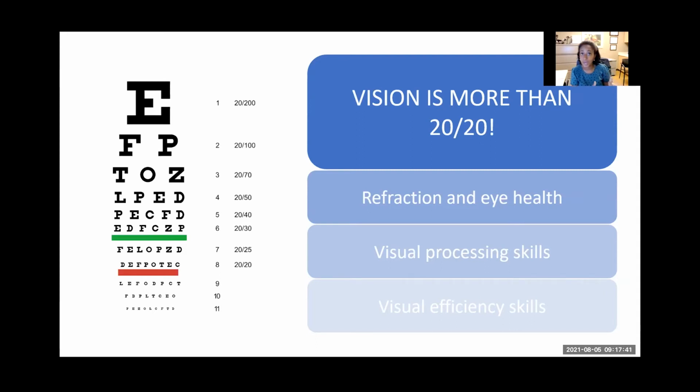Should I move to the right or left? These are all really important facets of vision that go far beyond just what you can see using a standard Snellen eye chart. So we're going to harp on those processing skills a lot today, and how considering those skills and deficits can be used to plan your care moving forward.